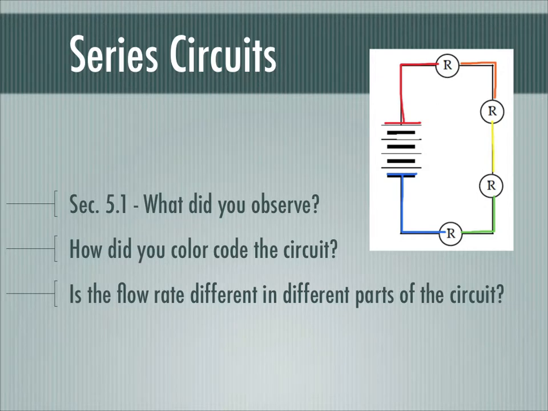If I think of Ohm's law, the current in a light bulb would be the pressure across the light bulb divided by the resistance of the light bulb. So if all 4 light bulbs have the same V and the same resistance, then they must have the same flow rate going through the circuit. So the answer is no, the flow rate is not different.